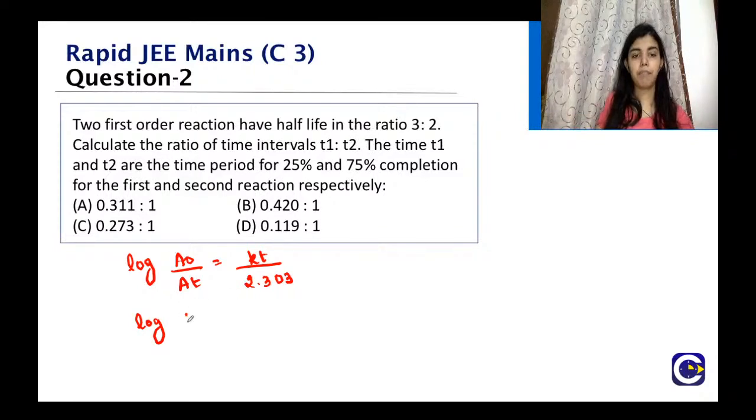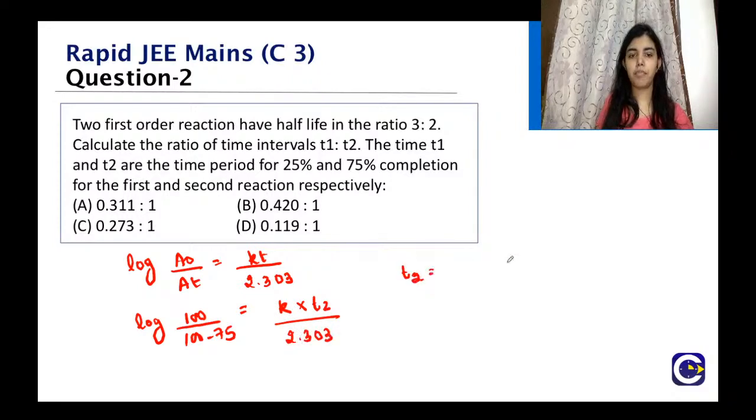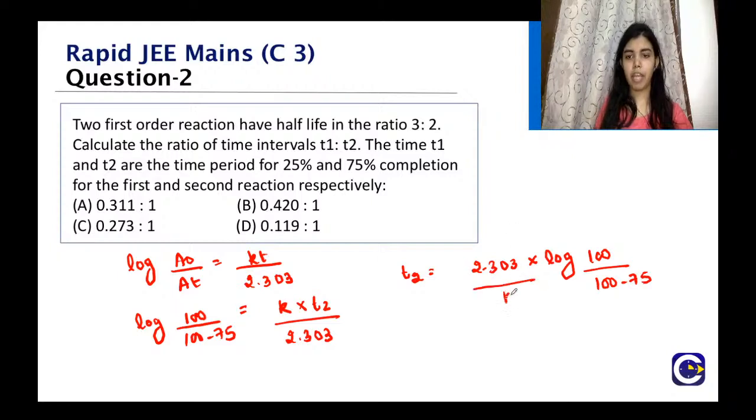So this will be 100 divided by 100 minus 75 will be equal to rate constant K into time T2 divided by 2.303, or you can write down T2 as 2.303 into log of 100 divided by 100 minus 75 divided by K.